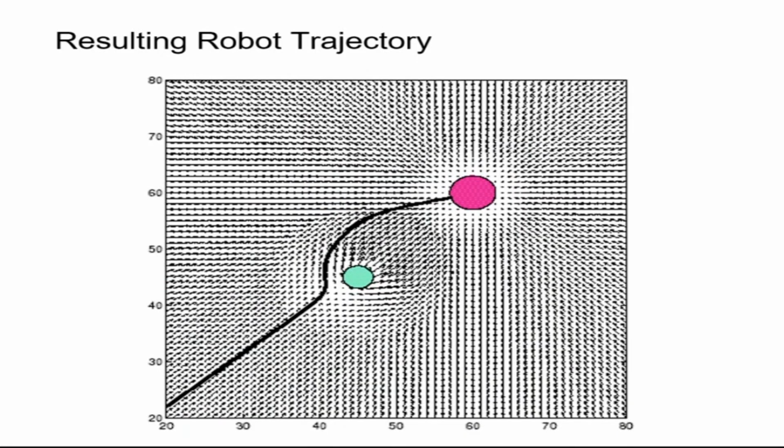So this is the basic fundamental. You can see here, if this is my distance, my q star, then the repulsive potential is active only within that q star. Suppose the robot is here, this is my initial point, that's my goal point. Then the robot starts going in a straight line towards the goal, because that is the direction in which the vector is going.